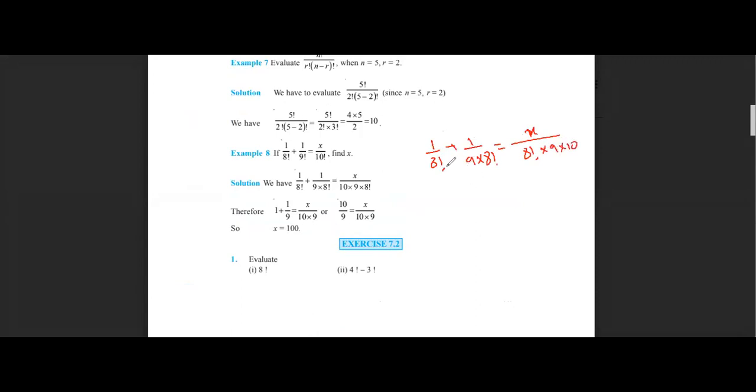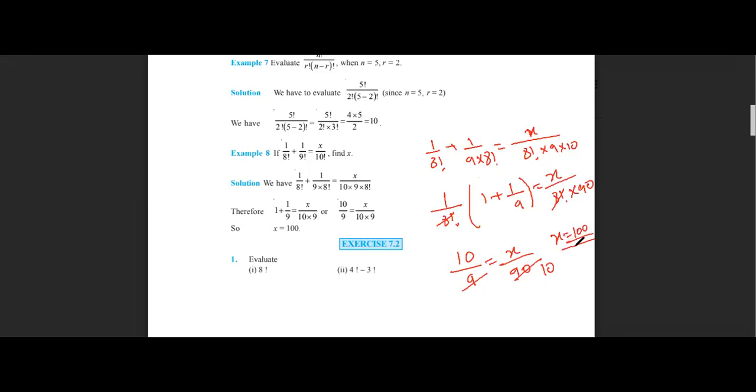Now you know that 8 factorial can be taken as common. So 1 by 8 factorial taken common, we are left with 1 plus 1 by 9 is equal to x divided by 8 factorial into 90. Now 8 factorial will be cancelled, right? So 10 by 9 is equal to x by 90. Now 9 will divide this 10 times, so x will be 10 into 10, which is 100. Got it?